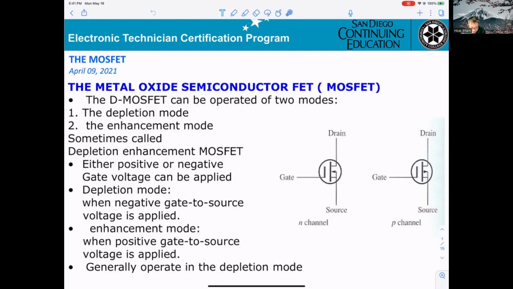For the depletion MOSFET, either positive or negative gate voltage can be applied. For depletion mode, negative gate-to-source voltage is applied. However, for enhancement mode, positive gate-to-source voltage is applied. By looking at the circuitry, you can recognize whether the MOSFET is working in depletion or enhancement.